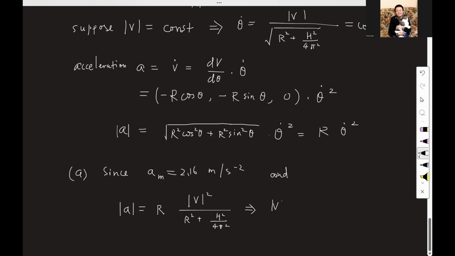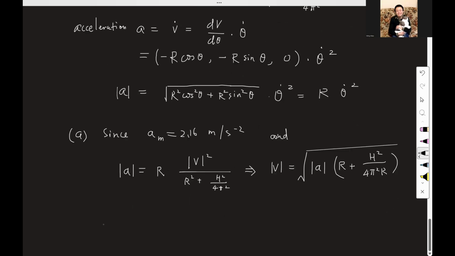So the length of v can be solved as such: a length times r squared plus h squared over 4 pi squared, divided by r, and then taking the square root. Therefore, v max would be the square root of a max times r squared plus h squared over 4 pi squared, over r.